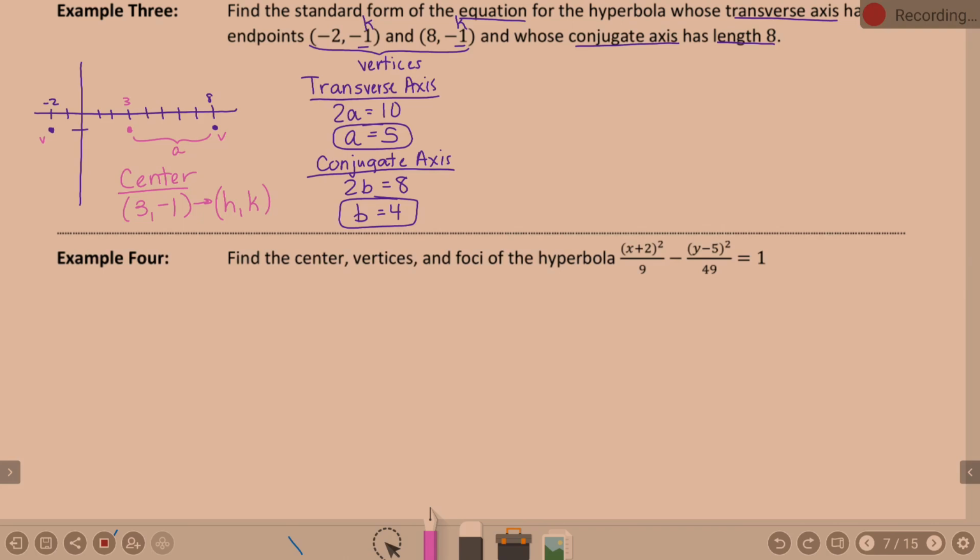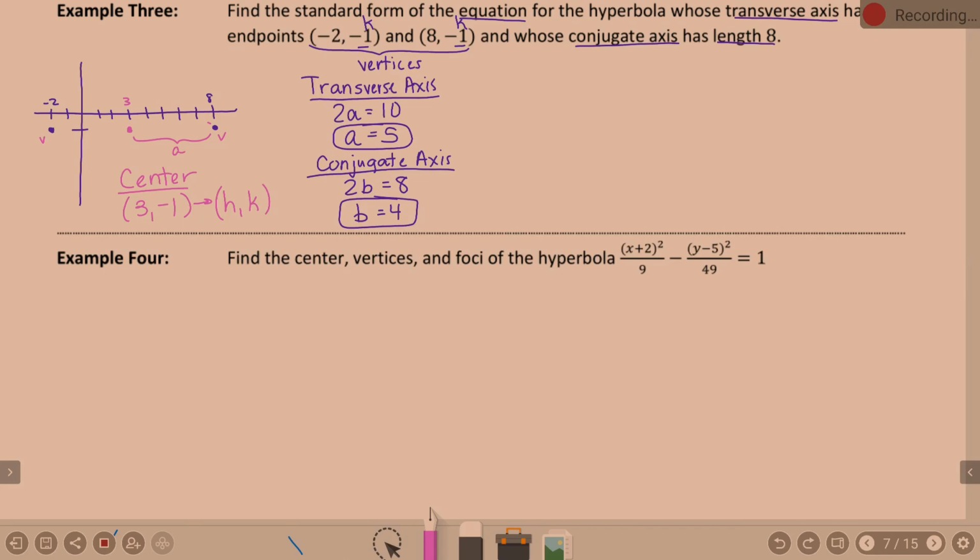Okay. I know A, I know B, I know H, I know K. The only thing we have not officially talked about is which equation I am using. Is this left column where X comes first, or right column where Y comes first? Which one? The left column? How do we know that? The vertices thing.